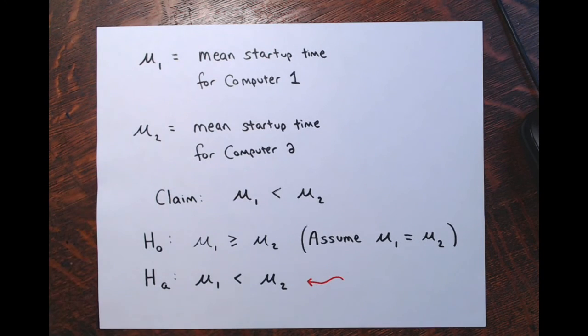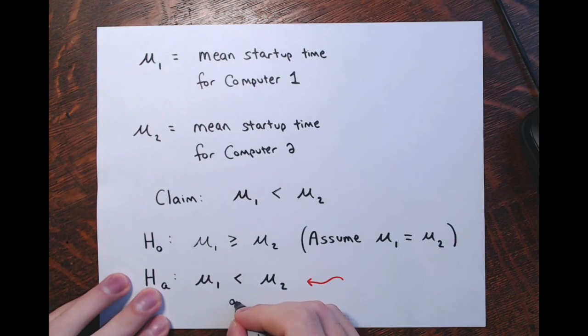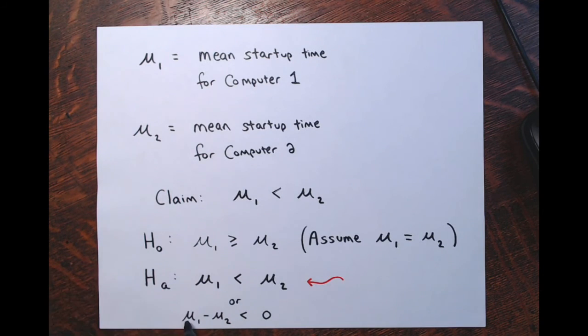Also, later, this alternative hypothesis tells me what kind of test we're running. If mu1 is less than mu2, you could also write this way: it's an inequality. If you subtract mu2, you'd have mu1 minus mu2 is less than 0. So you have a parameter, the difference of population means, less than some value.